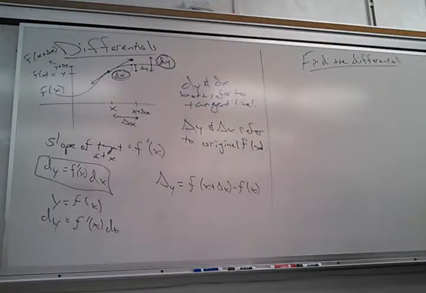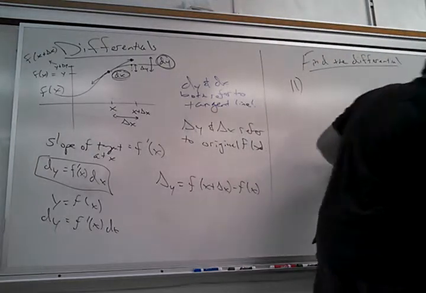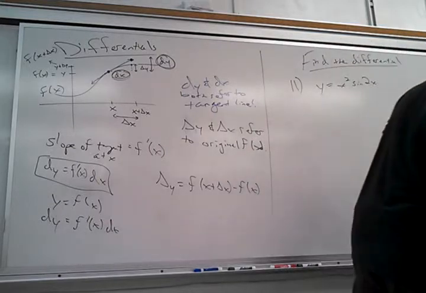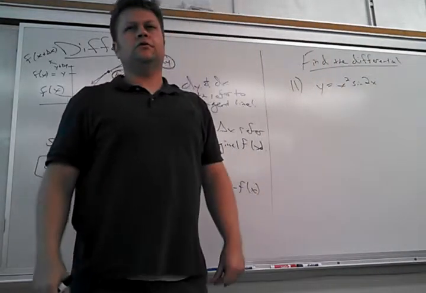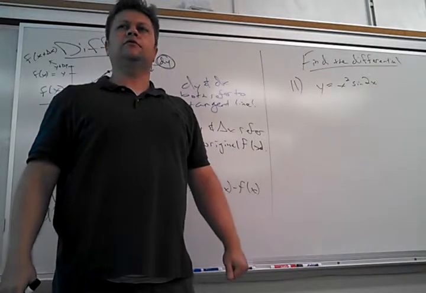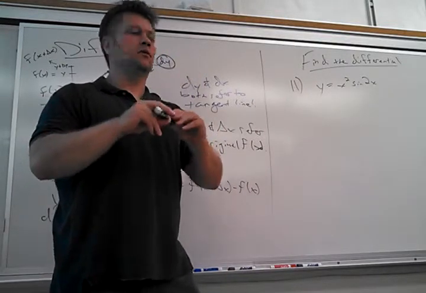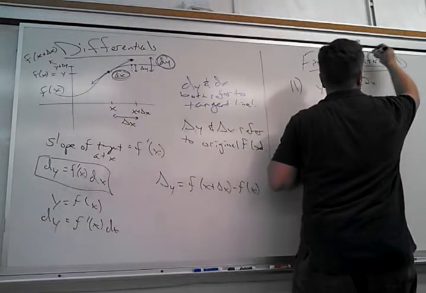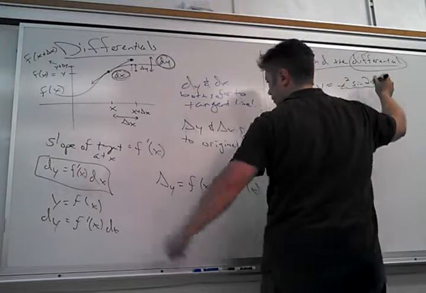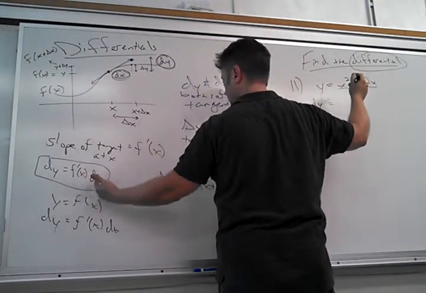So let's look at number, what did I say, 11? y equals x squared sine 2x. This is actually so desperately nothing new. It's just getting used to writing derivatives in a form you're not used to. It's just one step away from what we normally do. So to find the differential, dy is f prime dx.